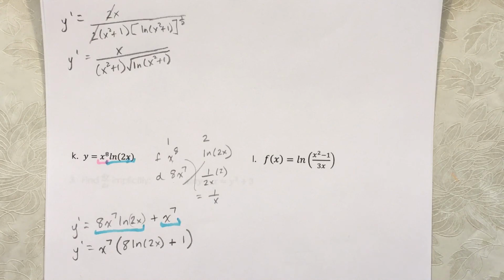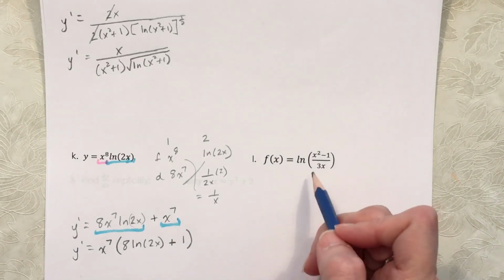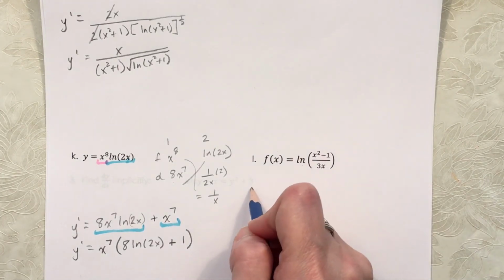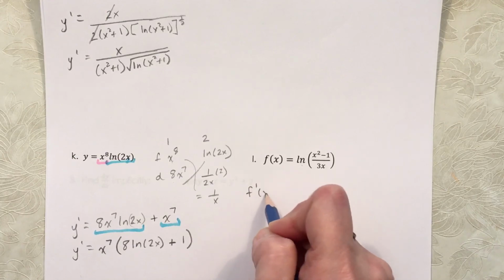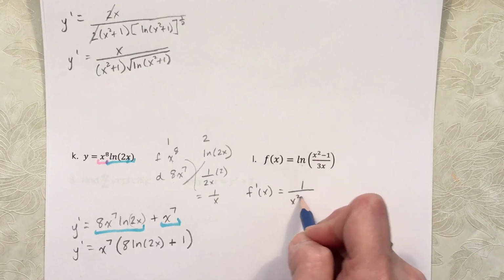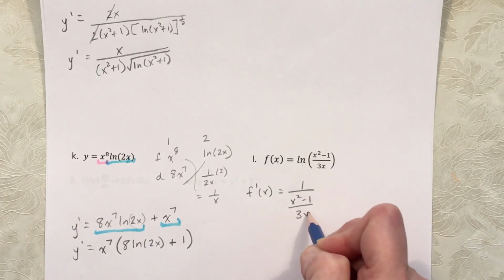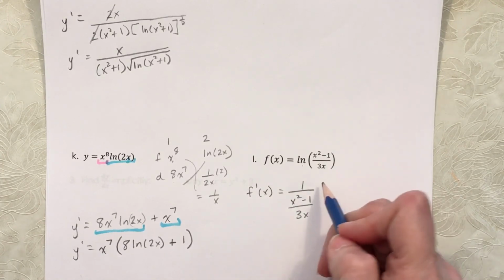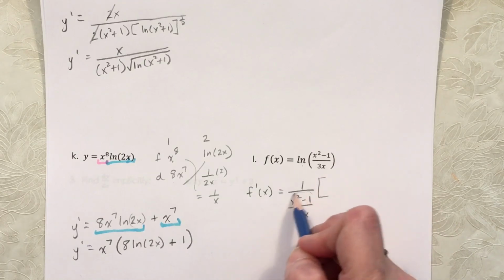L, f of x is the ln of x squared minus 1 over 3x. So it's a ln first. So f prime at x is going to be 1 over x squared minus 1 over 3x. So that's how ln works, times the derivative of this.